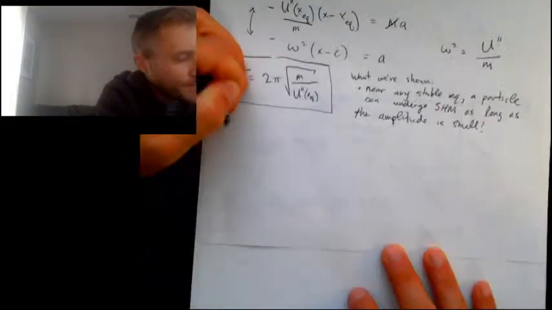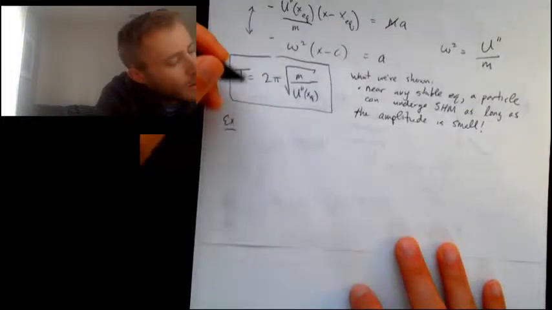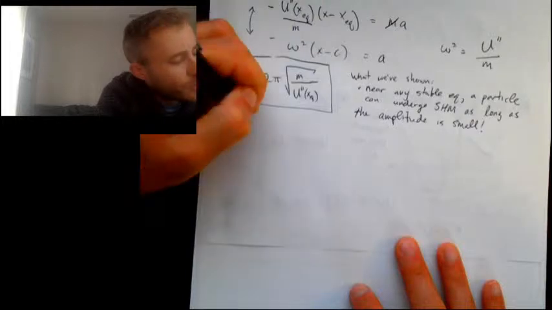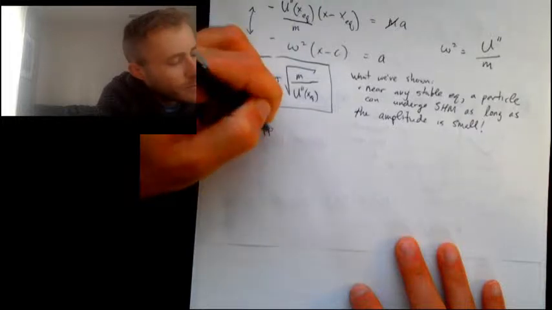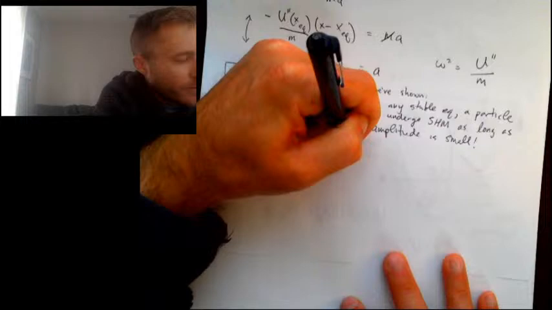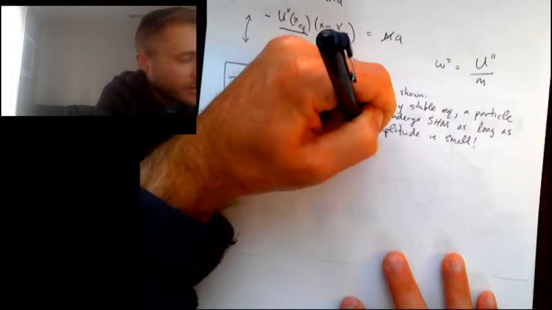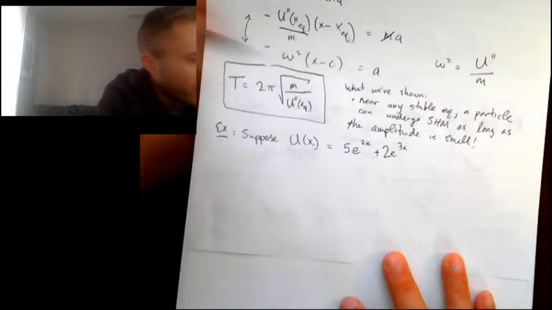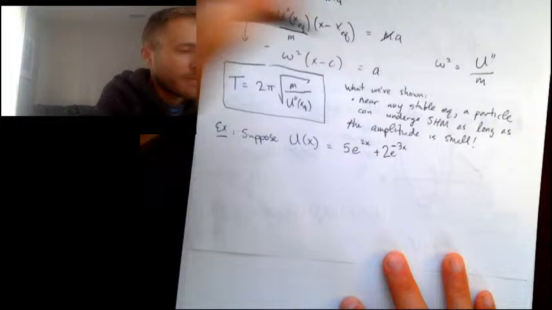Okay, so let's do an example. Suppose U of x equals 5e to the 2x plus 2e to the 3x... e to the minus 3x.